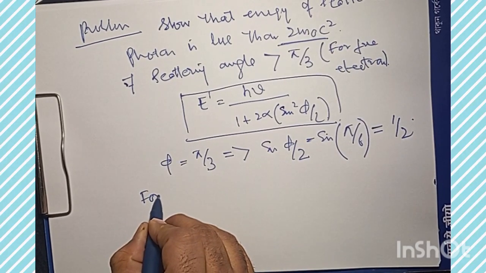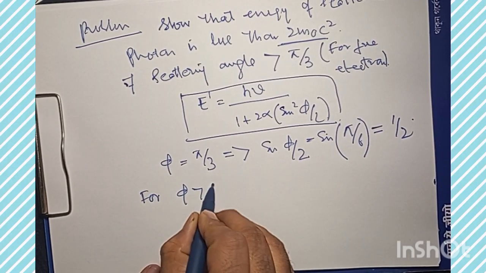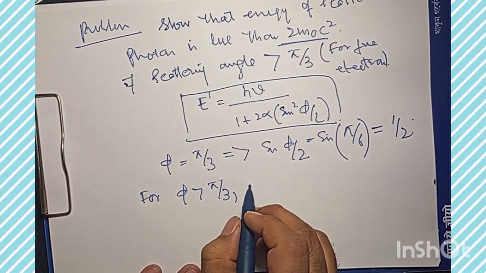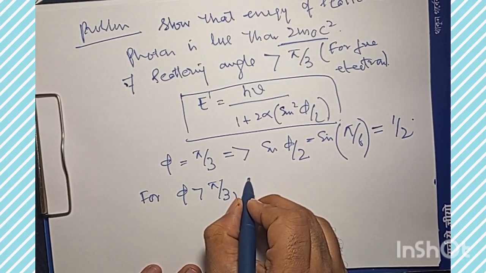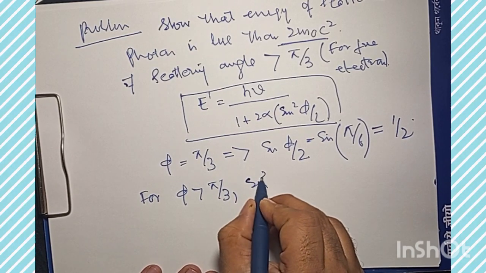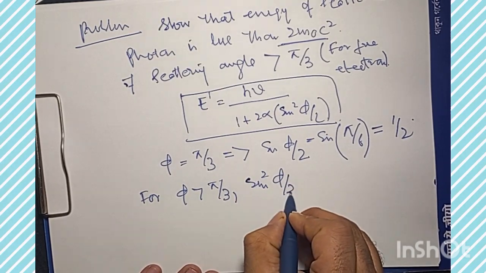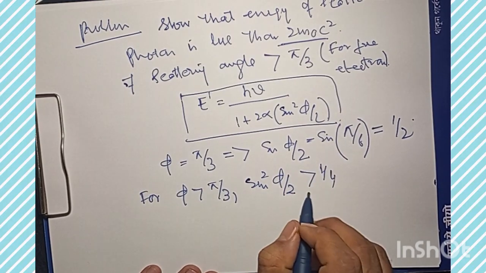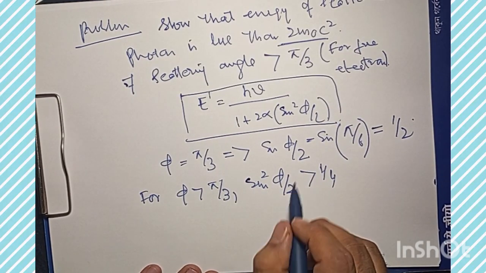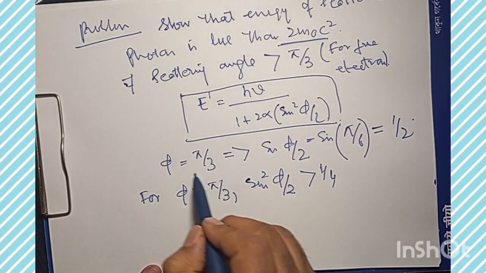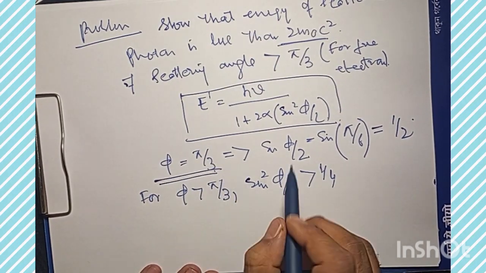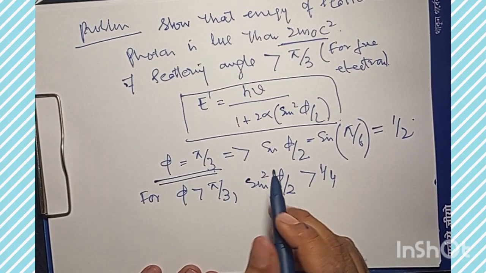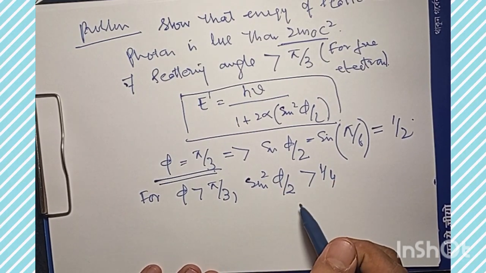For phi greater than pi by 3, that means sine square phi by 2 will be greater than 1 by 4, right? This sine function is an increasing function of phi.